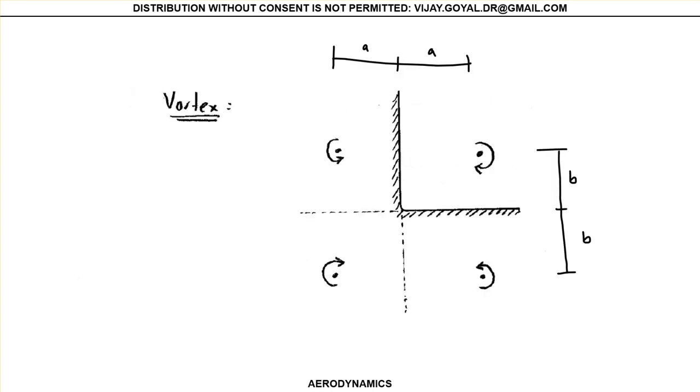Now, a neat feature of this is if I had a vortex here and I have a wall, they're going to have 4 quadrants, okay? So this is the vortex and has a strength gamma. You can see that this is going clockwise. This has to go counterclockwise with the same strength. And this is going clockwise, counterclockwise.